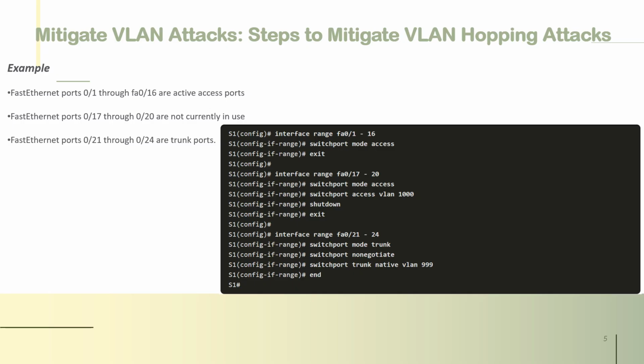And FastEthernet 0/21 to 0/24 are now trunk links and are manually enabled as trunks with Dynamic Trunking Protocol disabled, and the native VLAN is also changed from the default VLAN 1 to an unused VLAN 999.